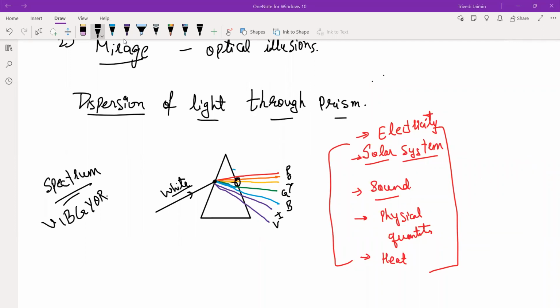So what is dispersion of light? Splitting of white light into 7 colors.